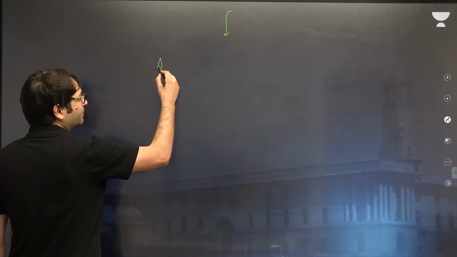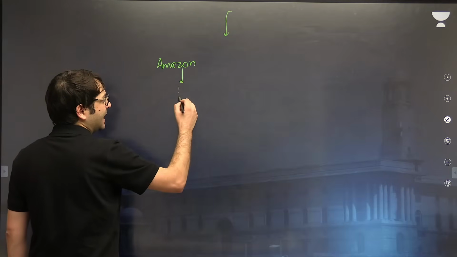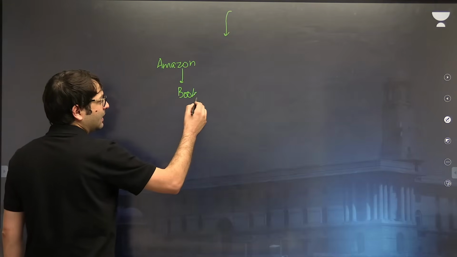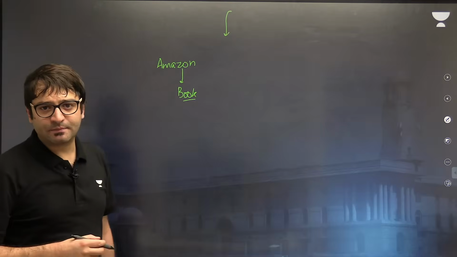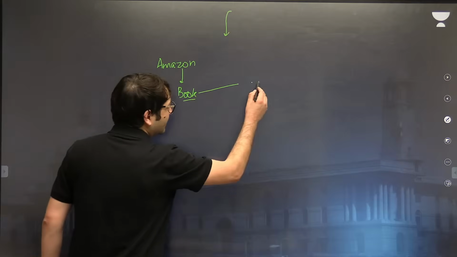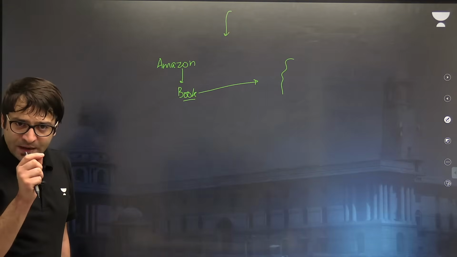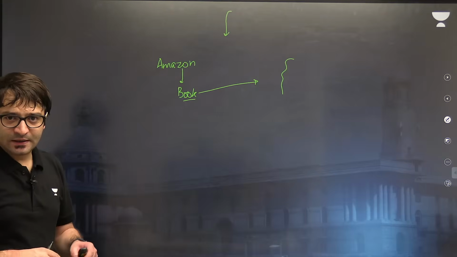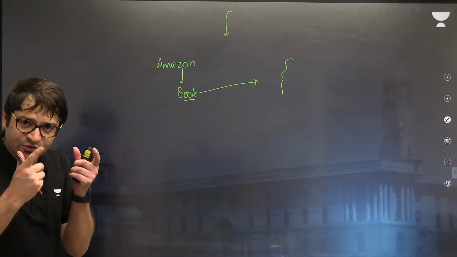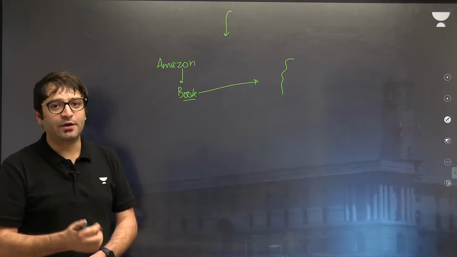I have an app, the Amazon app. I buy a book. Let's say the book is by Karl Marx and Friedrich Engels. You can map my political ideology by looking at my browsing history, saying this person belongs to this particular political ideology.